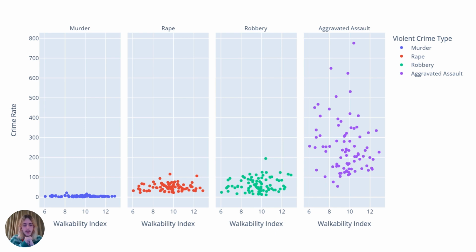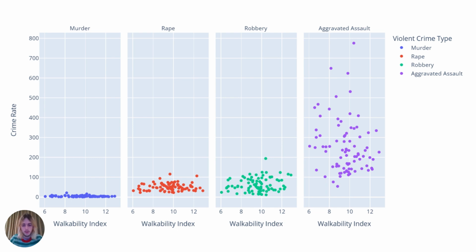So this is the violent crime data mapped per individual crime. As you can see, we have murder, rape, robbery, and aggravated assault. For each of these individual crimes, there still isn't much of a correlation. You can see there's a slight positive correlation between robbery and walkability, so robbery does slightly increase as cities become more walkable.